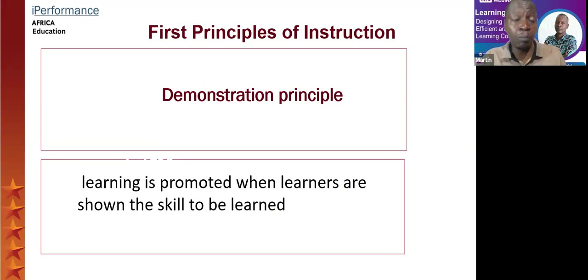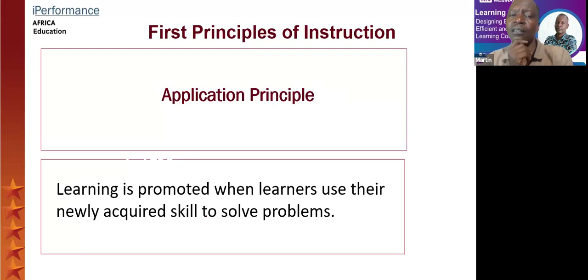If you want someone to be able to hammer a nail, imagine trying to explain to them how to hammer a nail without actually having a hammer, a nail, and actually hammering the nail. What this principle says is that the learner needs to be shown what they're going to learn.